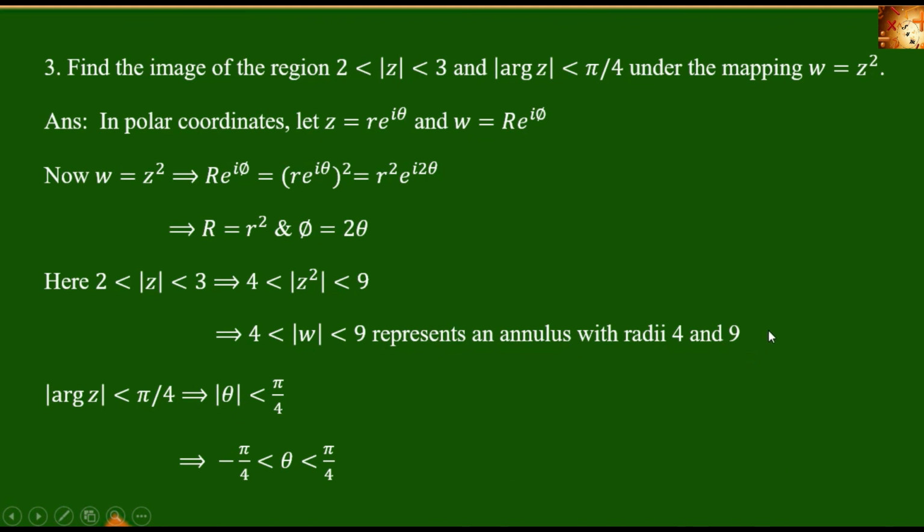Here we want to eliminate theta. So what is theta? Phi equal to 2 theta. So the expression will become minus pi by 2 less than 2 theta less than pi by 2. That is minus pi by 2 less than phi less than pi by 2. So the images are mod argument of w less than pi by 2.